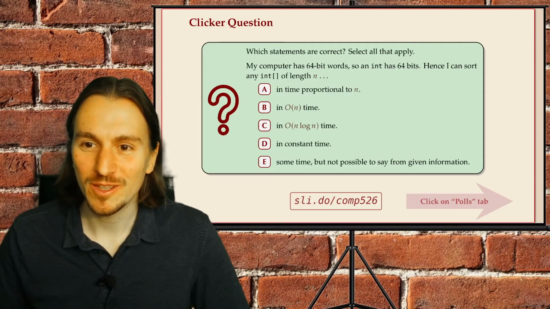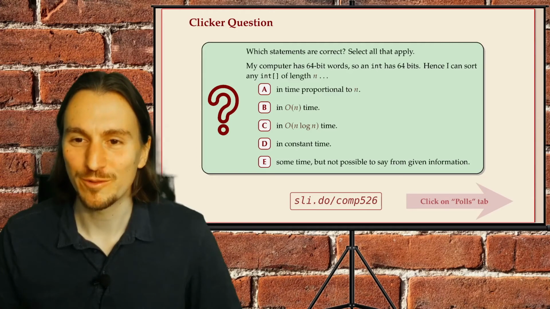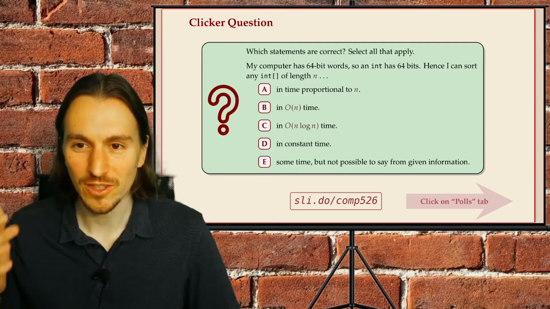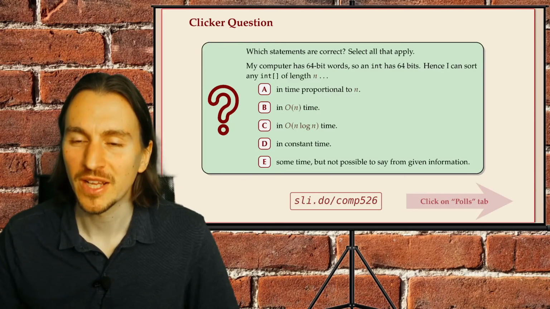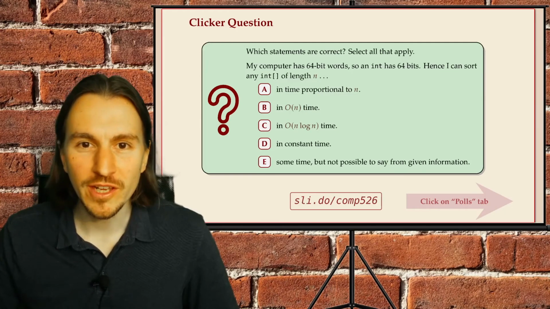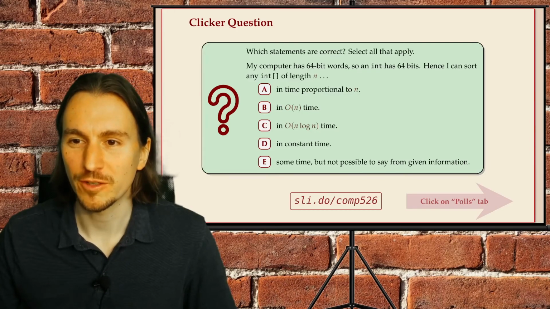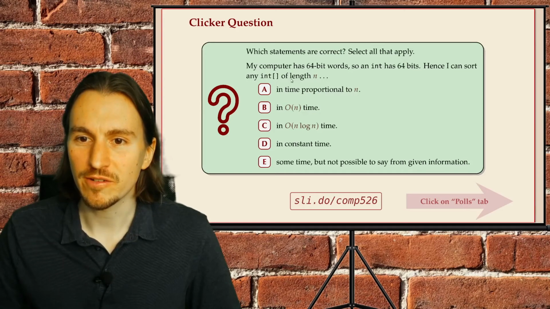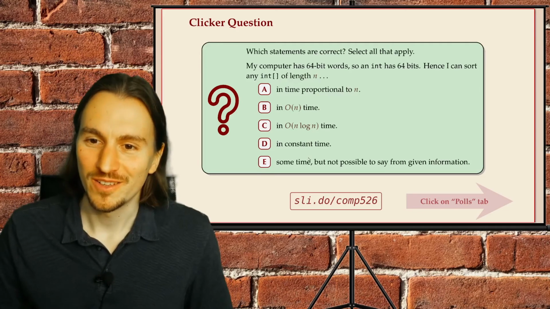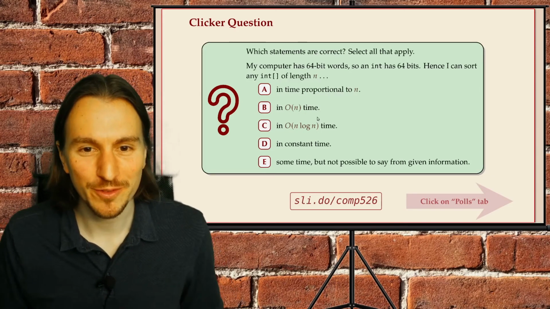And the statement is, my computer, I mean, this is literally true for this laptop and most of our other computers, it has 64-bit words, so w is 64. So if I use an int, say in Java or in C, it has 64 bits. It's an integer of 64 bits and say unsigned. So does that mean I can sort an int array of length n in this time? Let's see what you have to say about this.